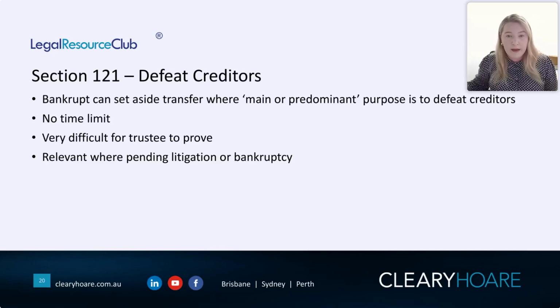And there's no time limit for this type of clawback provision. So we're not dealing with the 4-year period like we were with undervalued transactions. It's unlimited for Section 121.